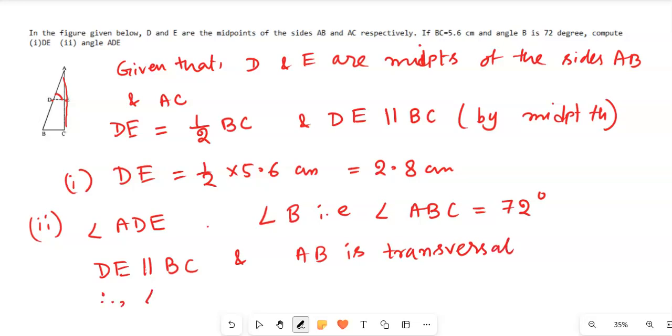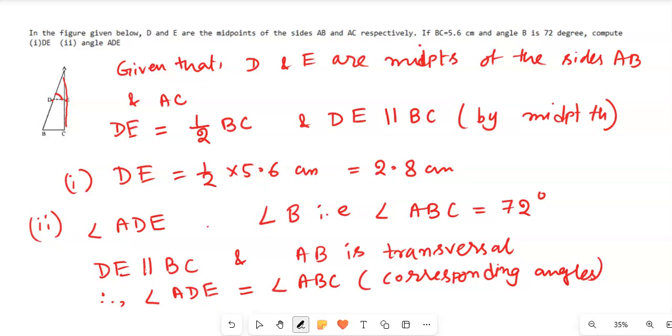Therefore angle ADE is equal to angle ABC because they are corresponding angles. Therefore angle ADE is equal to 72 degree as angle B equal to 72 degree.